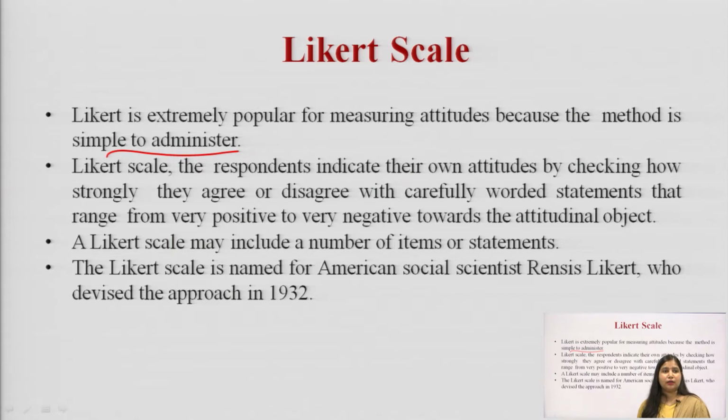In the Likert scale, the responses indicate their own attitude. What do we do in a Likert scale? When we conduct a survey and we use the Likert scale, the responses we get indicate their own attitude by checking how strongly they agree to how strongly they disagree, with carefully worded statements that range from very positive to very negative toward the attitudinal object. A Likert scale may include a number of items in its statement, means a number of responses.